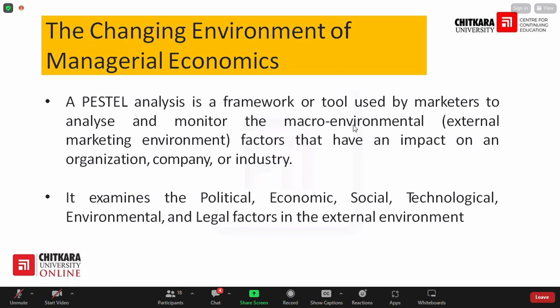When Kellogg's came into the Indian market, an international brand, it totally failed because Kellogg's is used with cold milk in foreign countries. But when it came to India, it failed.